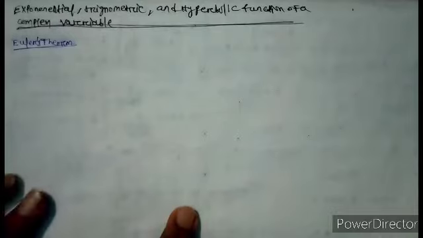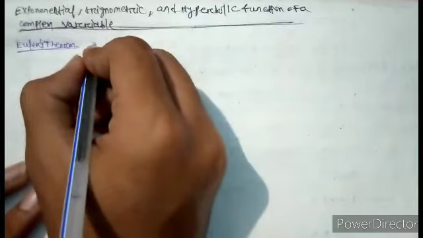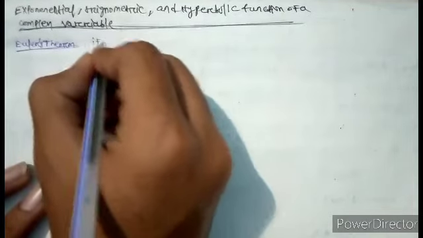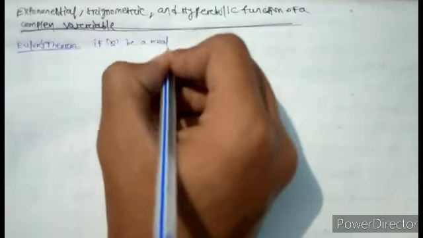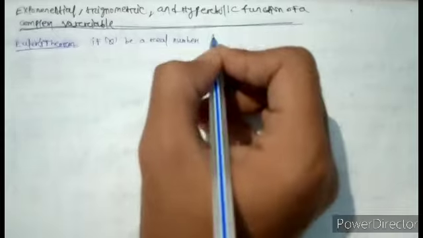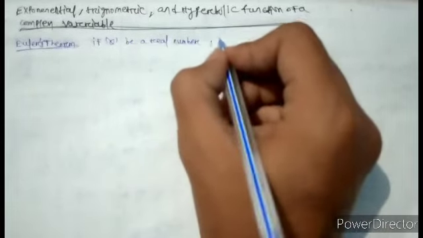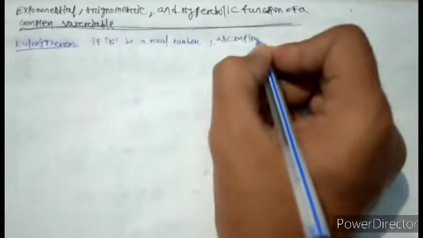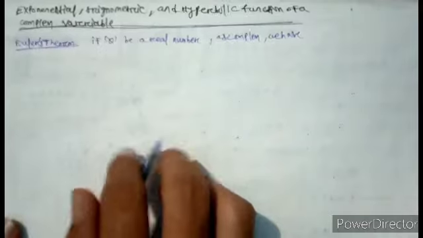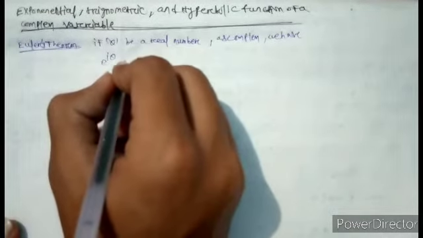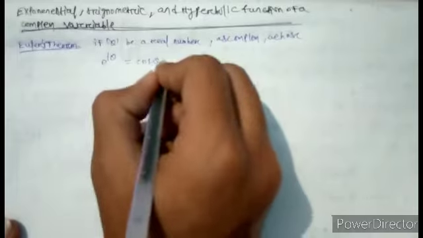What does Euler's theorem say? Euler's theorem says that if theta be a real number or complex, we have e to the power i theta is equal to cos theta plus i sin theta.